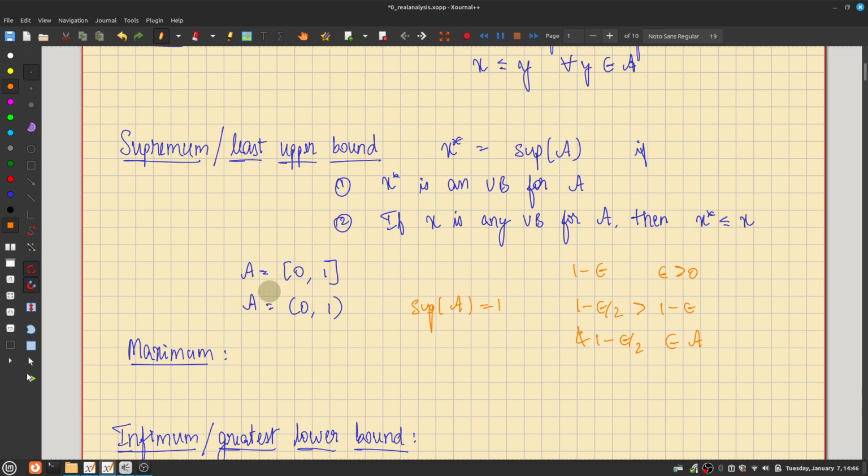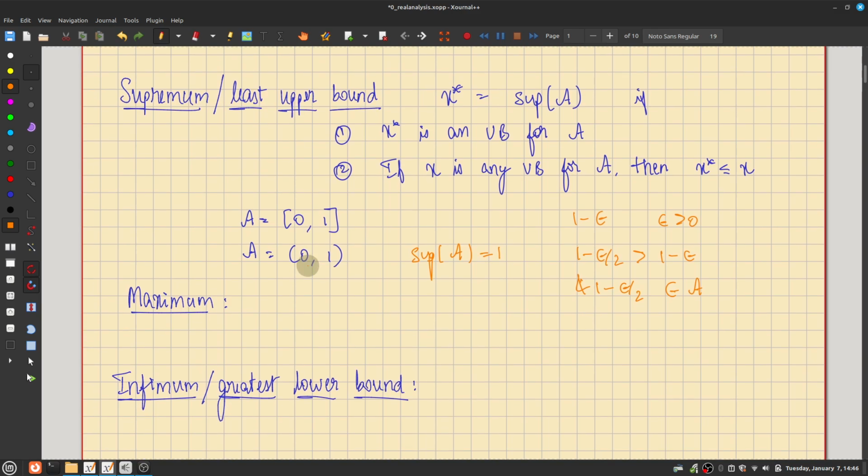On the other hand, if the supremum lies in the set A, then we say that it is the maximum. If x star, the supremum of A, lies in A, then we call it the maximum.